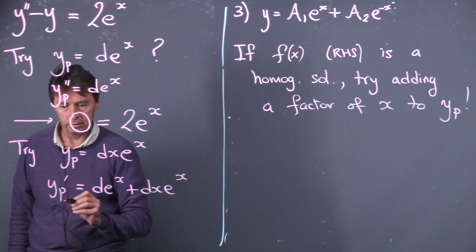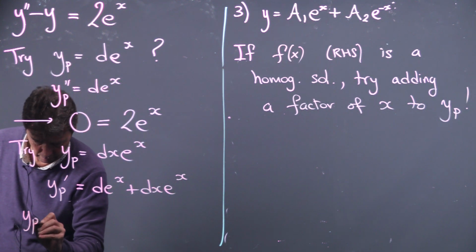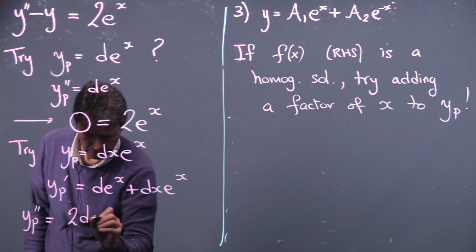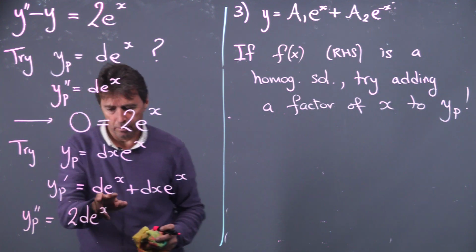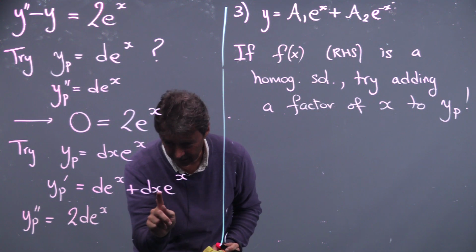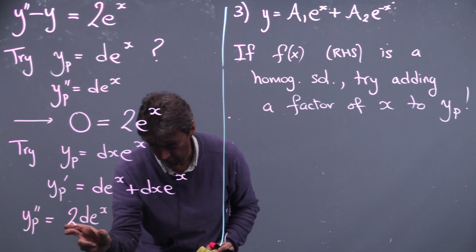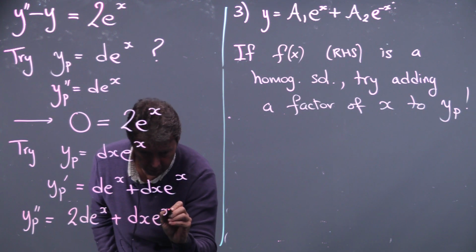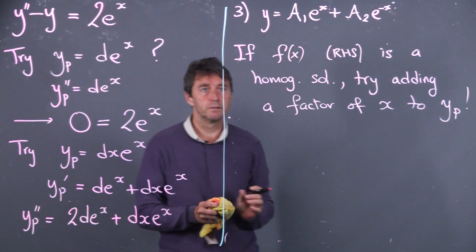That's the first derivative. If I differentiate again, that just gives me d e to the x. This is another product. When I differentiate that, that gives me another one of those. So I get that for the second derivative.